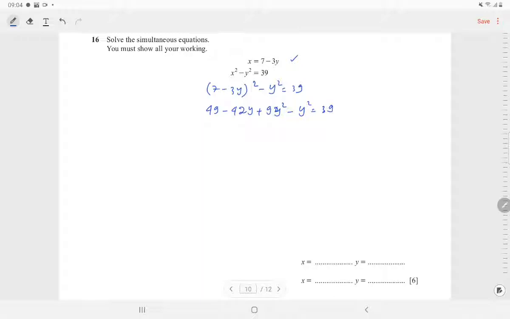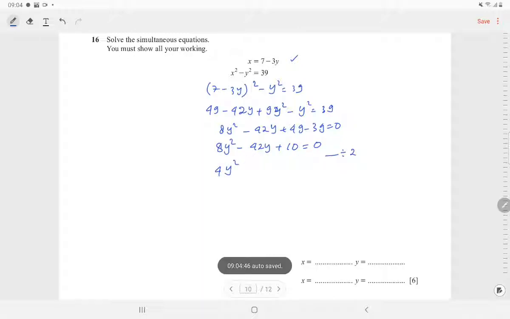Move everything to the left side and simplify. 9y squared minus y squared is 8y squared minus 42y plus 49 minus 39 equal to 0. So 8y squared minus 42y plus 10 equal to 0. Simplify, divide by 2. So this has become 4y squared minus 21y plus 5 equal to 0.